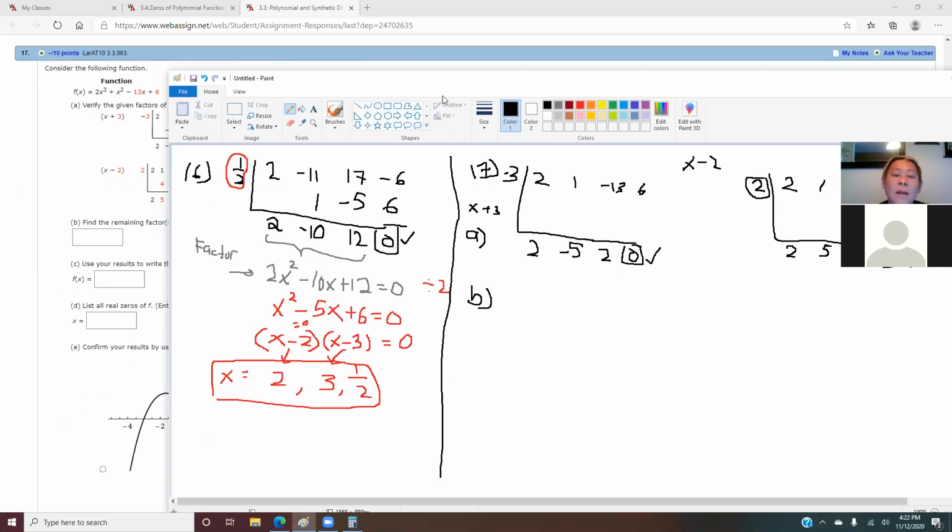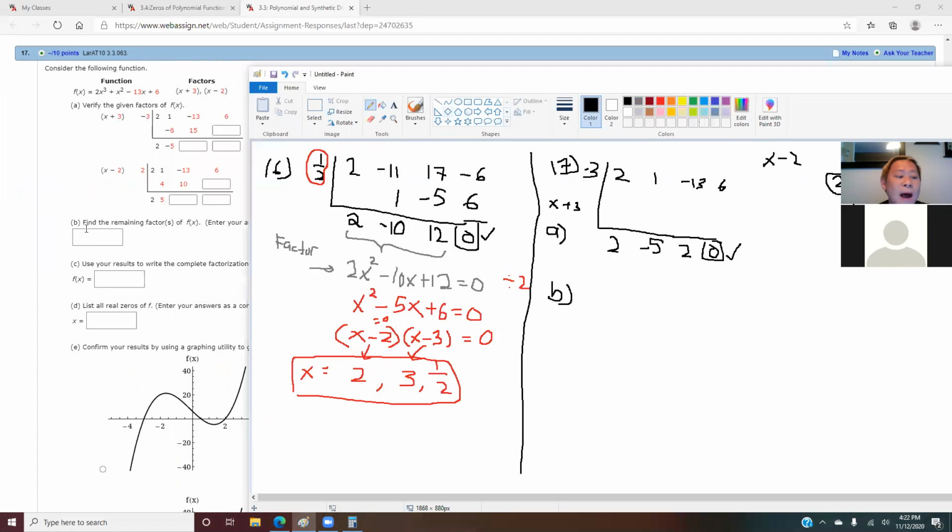Part B is asking us to find the remaining factors. Now, you know that this is a power 3, right? How many factors do we have in power 3? 3. And the question already provides you 2.